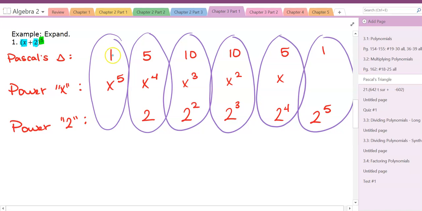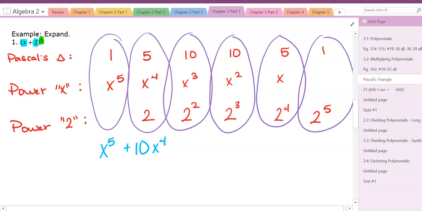So 1 times x to the 5th is just going to be x to the 5th. This next term here, I have a 5 times x to the 4th times 2. So 5 times the 2 is going to be 10, and then x to the 4th.